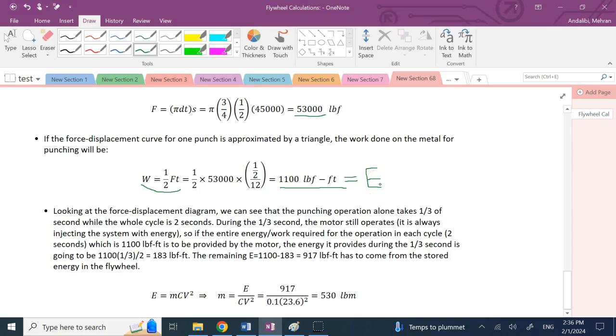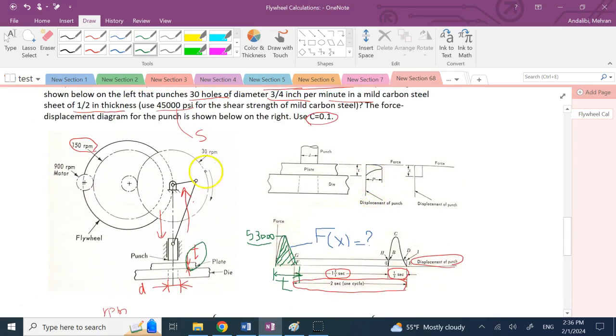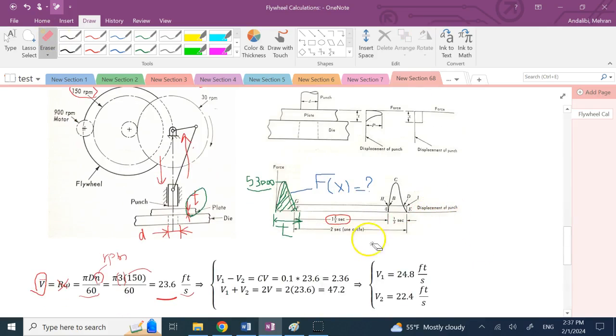Now, question. Is this energy all coming from the flywheel? Well, you might say yes, based on what you said so far. True, but a small portion of it is provided by the motor as well. Why? Because during the whole operation of the punching, the motor is injecting energy into the system.